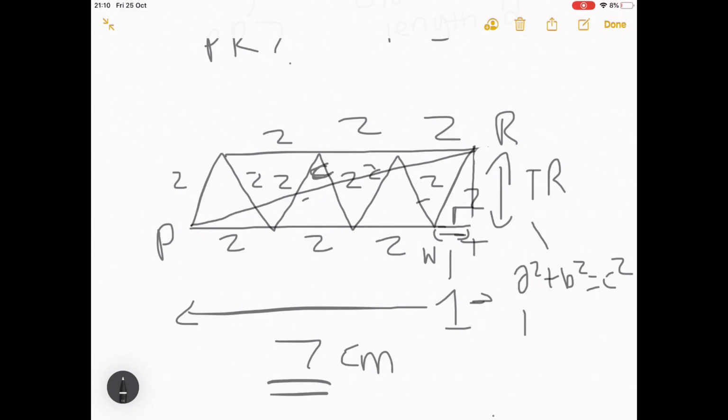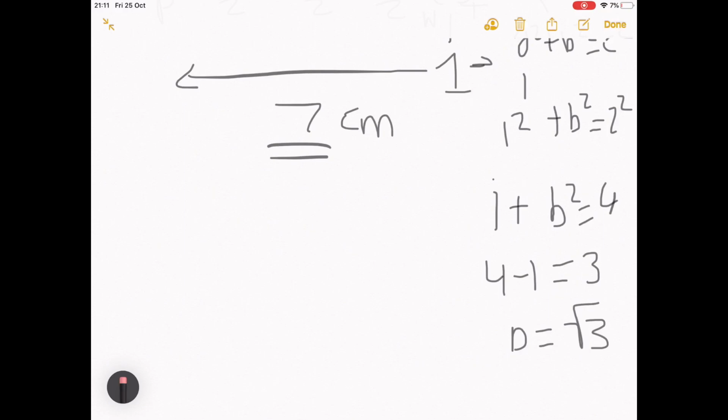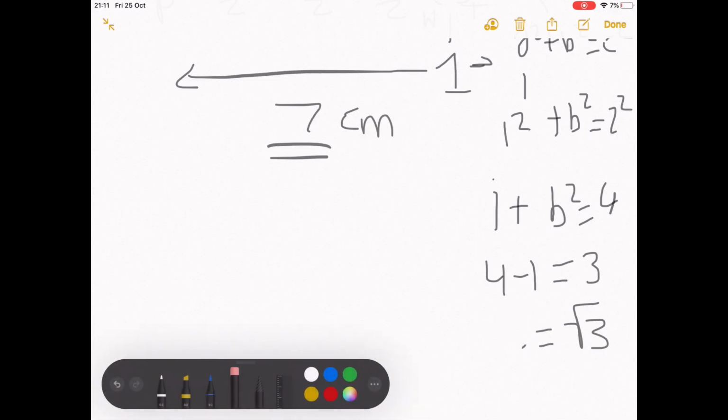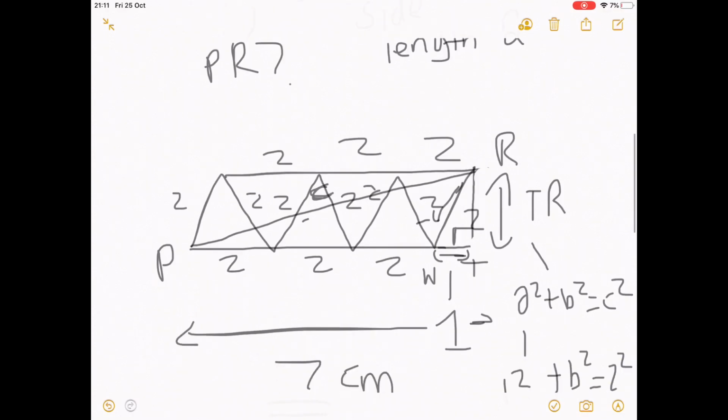So here our a squared is 1 squared, b squared we don't know yet, and we know our c squared, which would be 2 squared. So it would be 1 plus b squared equals 4, and then 4 minus 1 would equal 3. So b equals root 3, so if you go back up here, we know that the length TR is root 3.